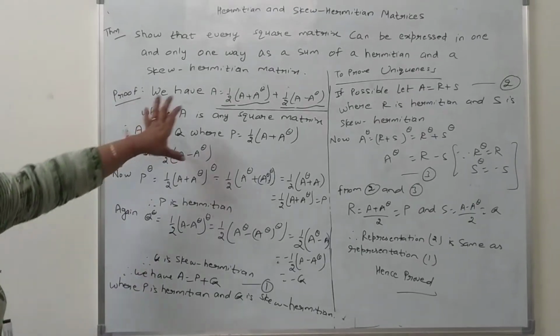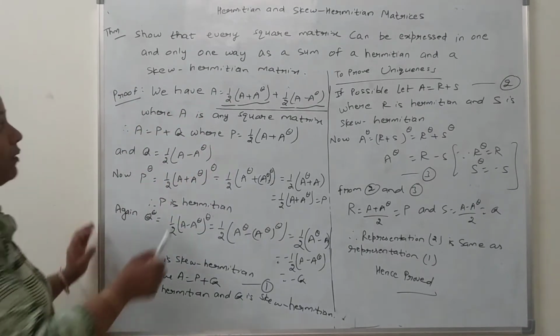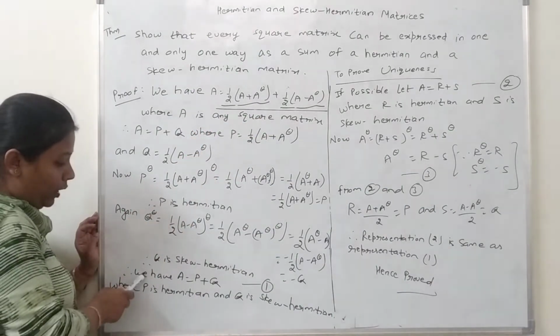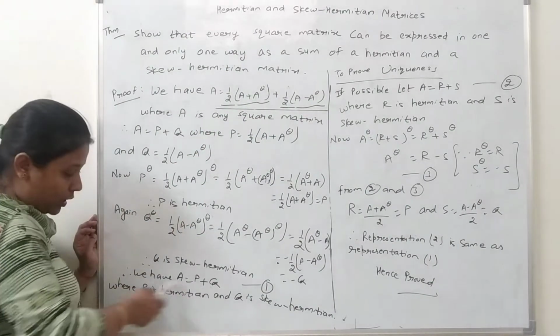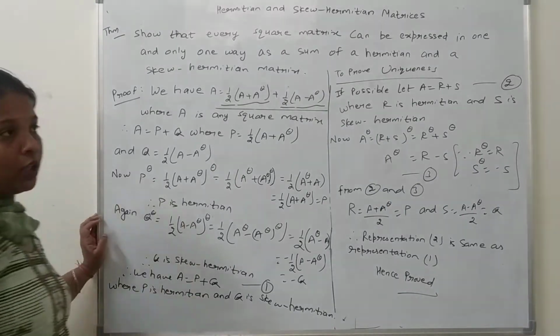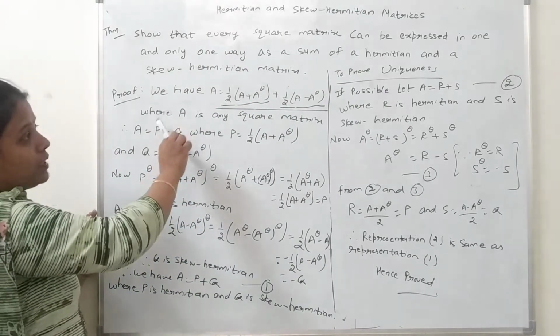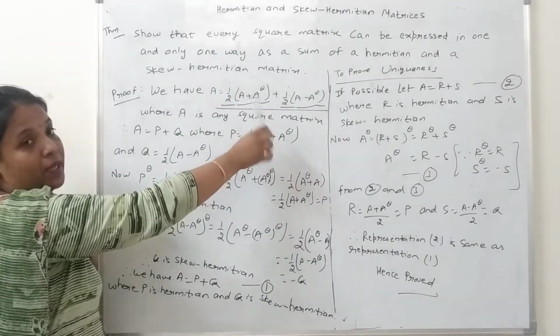So A equals P plus Q, where P is Hermitian and Q is skew Hermitian. One part of our theorem is completed: any square matrix can be expressed as a sum of two matrices, one Hermitian and one skew Hermitian.